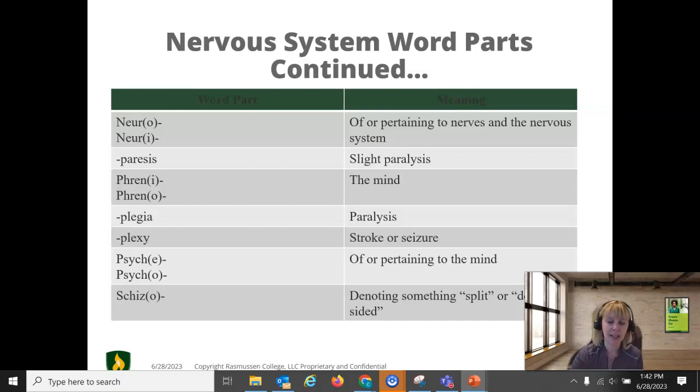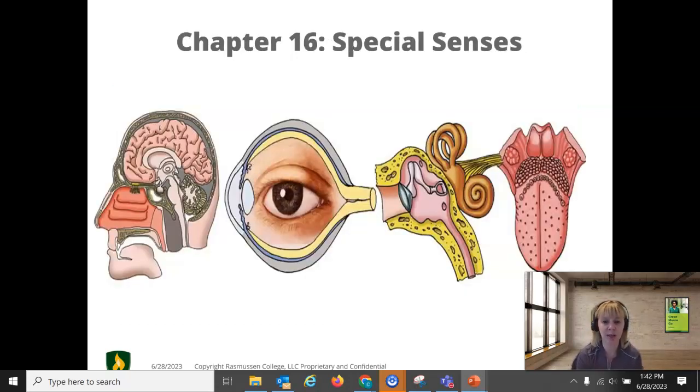And to wrap this up today, let's talk about chapter 16, which is about special senses. General sensations perceived by the body include touch, pressure, pain, and temperature. These sensations are not identified with any specific site of the body.